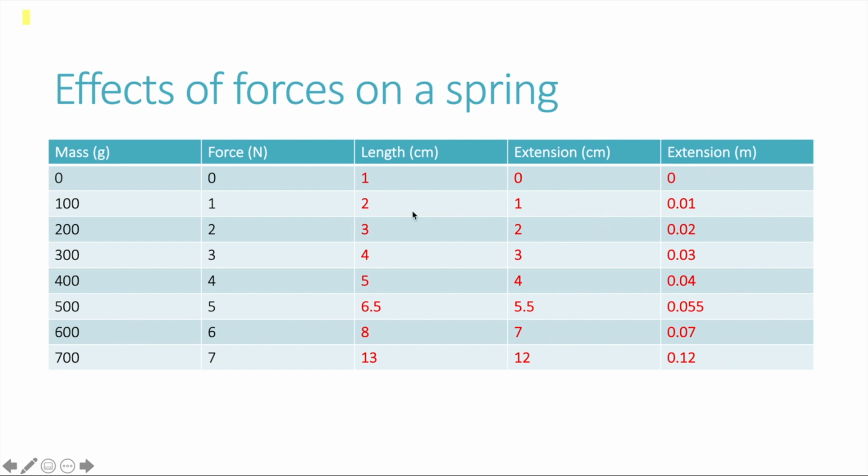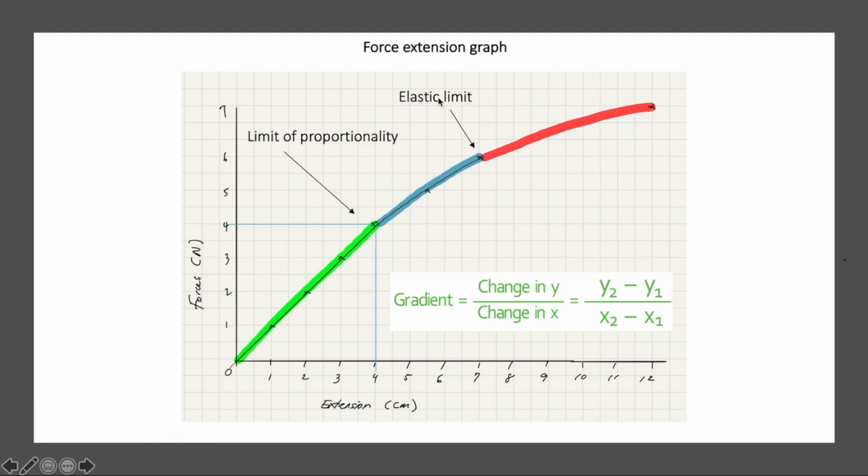But remember how I said that you can use this graph to calculate the constant as well, using the gradient. Remember, when you plot everything on the graph and you calculate the gradient, what you're doing is you're dividing the y-axis by the x-axis. And the y-axis here is the force, and the x-axis is the extension, which is in centimeters, which is basically the formula to calculate the constant.